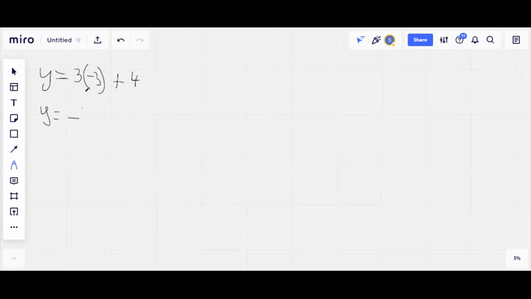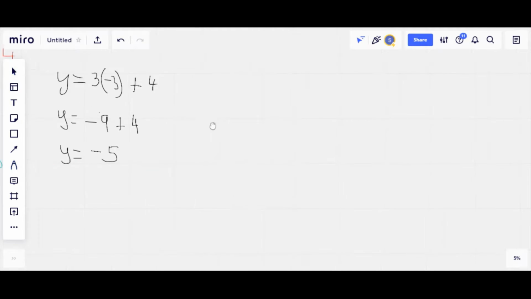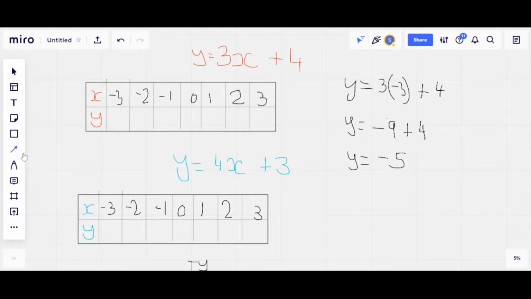That's -9 plus 4. -9 plus 4 is -5. So we've got y is equal to -5. So now let's substitute that into that table. So I've got here -5.